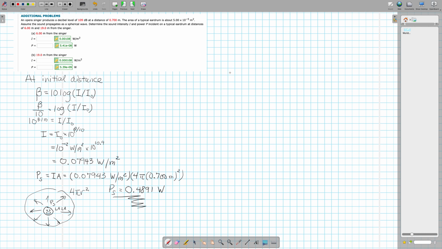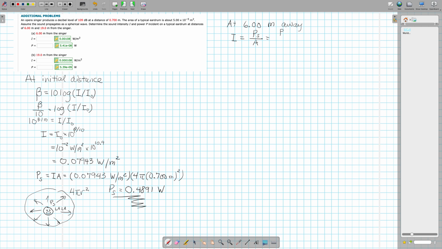All right, now as we go farther out, say 6 meters, the intensity is going to be the singer's power output divided by the area at that location.